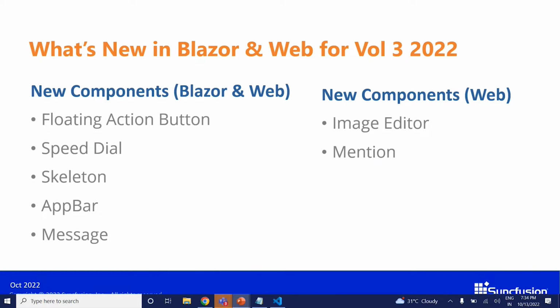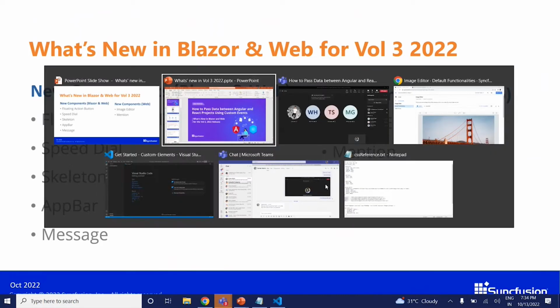We have also introduced these components in other Essential JS2 platforms as well. But in addition to these five, there are two more components that add up to the web platforms, which are image editor and mention component. So let's have a look at the demos for these new components from our demo page.